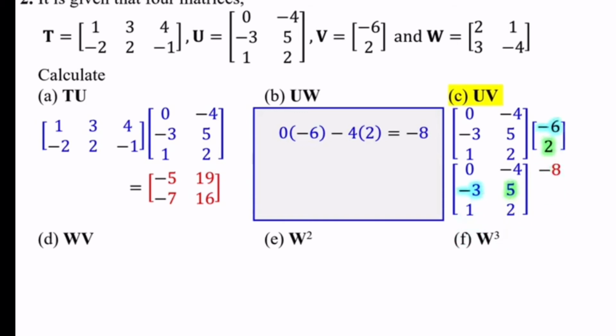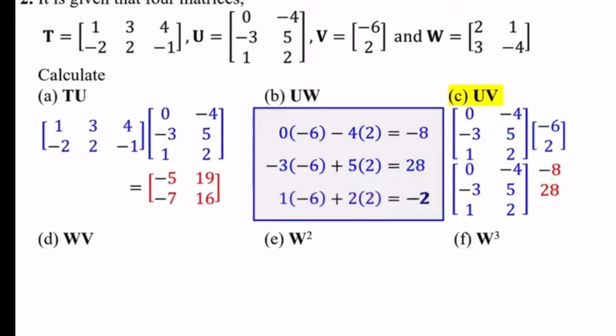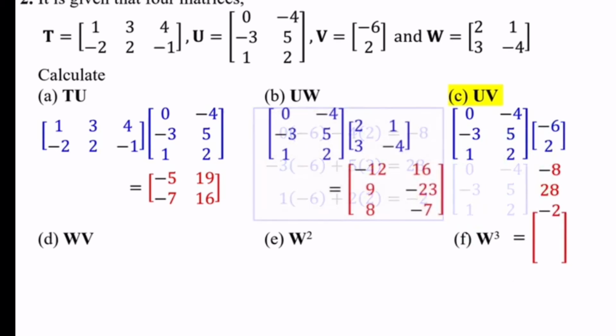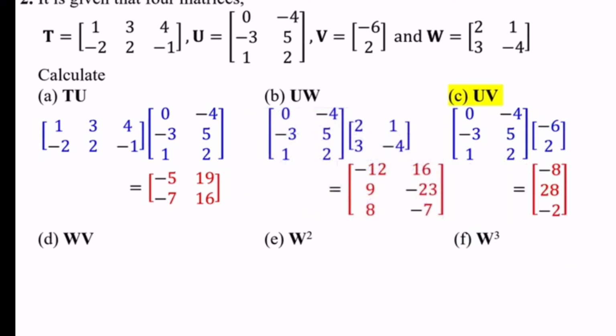And then we will have negative 3 times negative 6, plus 5 times 2, so we get 28. Followed by 1 times negative 6 plus 2 times 2, we'll get negative 2, right? So this is the answer for the product of matrix U and V.